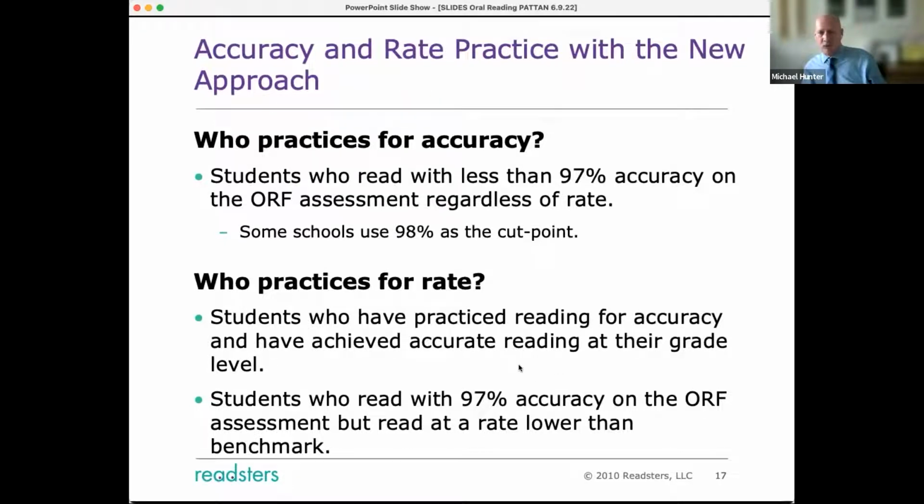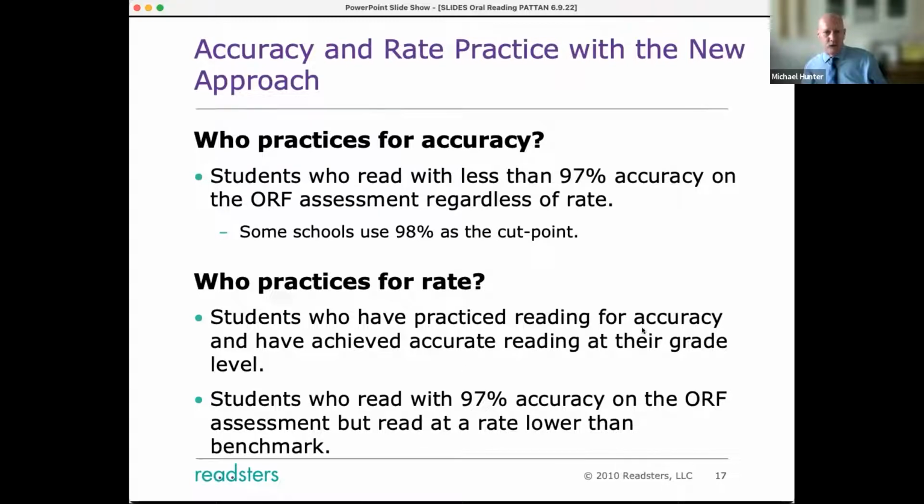So if we have students who are practicing for accuracy, they will practice for accuracy. Once they've achieved accuracy and met the goals for that, then we look at their rate and determine, are they reading fast enough, or do we need to speed them up? And then if we do, we will shift to rate practice at that point.